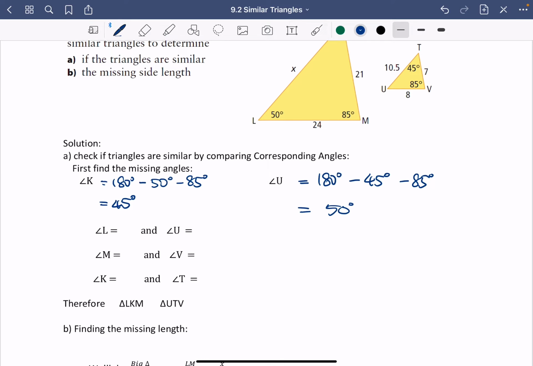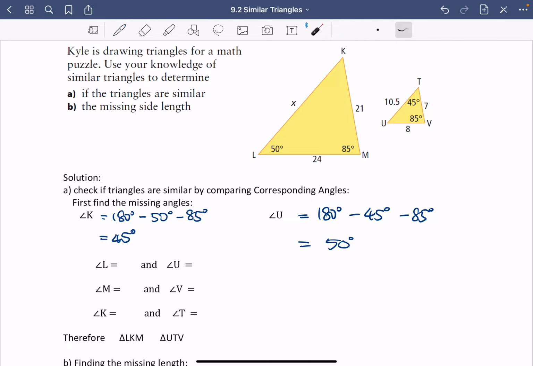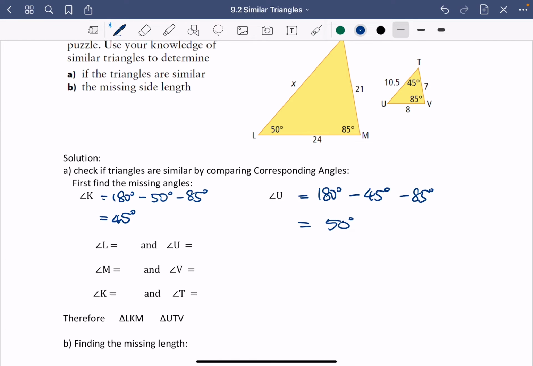So let's find the corresponding angles. We can see that these two are corresponding angles of each other. These two as well, and then these two. Because they're of the same orientation, so it's easier to find the corresponding angles. But in your homework, the triangles might not be at the same orientation, so you have to look carefully to find the corresponding angles.